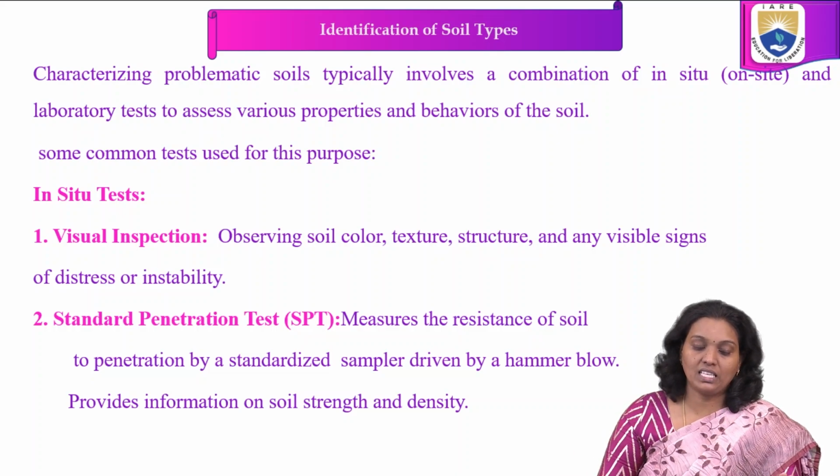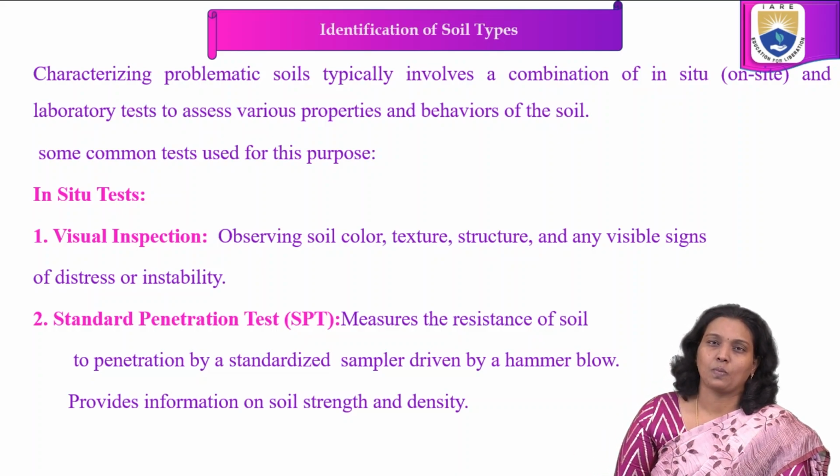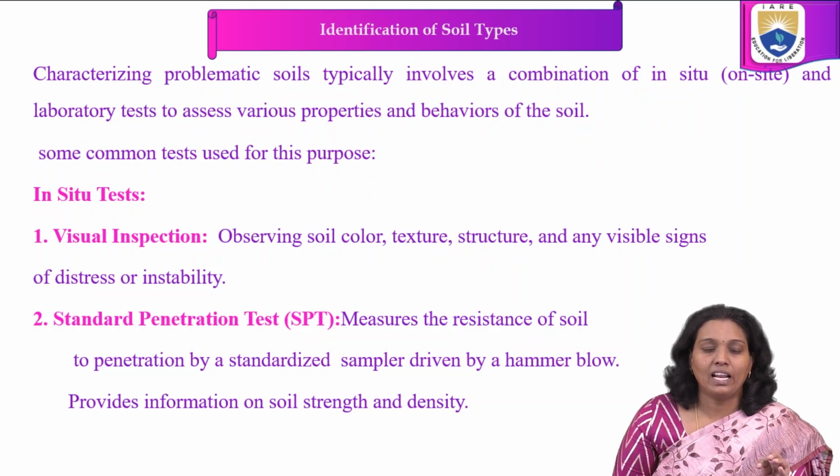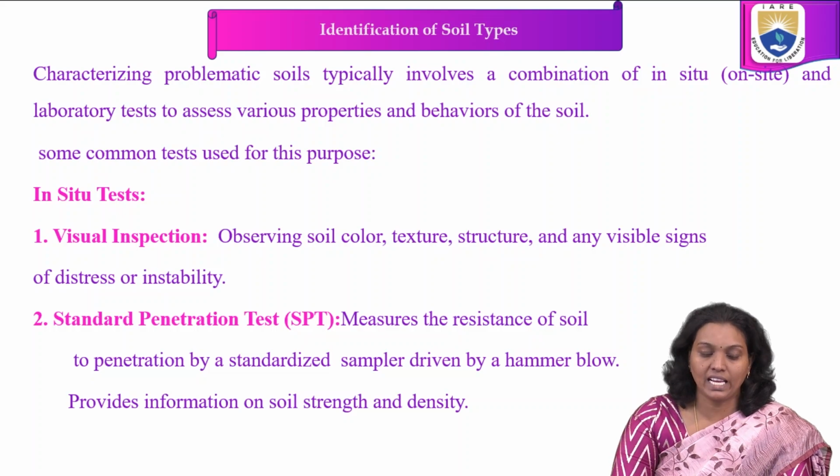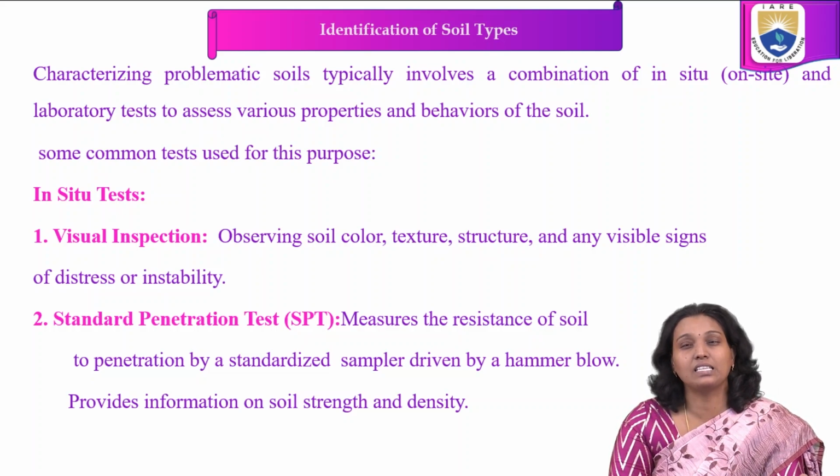The first one is visual inspection: observing the soil color, texture, structure and any visible signs of distress or instability.